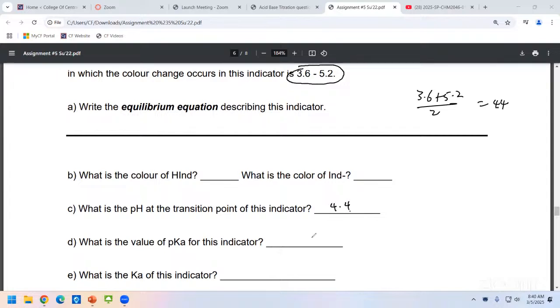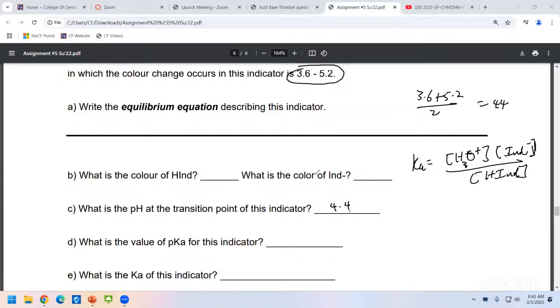And the question is now asking, what is the pKa for this indicator? Well, Ka is equal to the concentration of H plus or H3O plus times the concentration of IND minus, divided by the concentration of HIND, right?